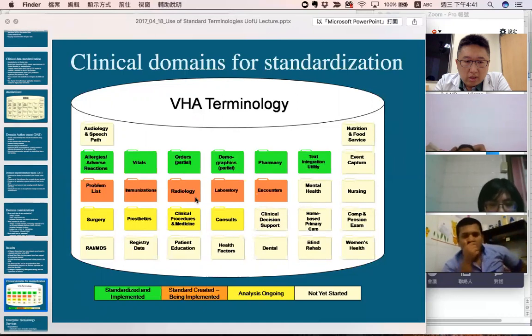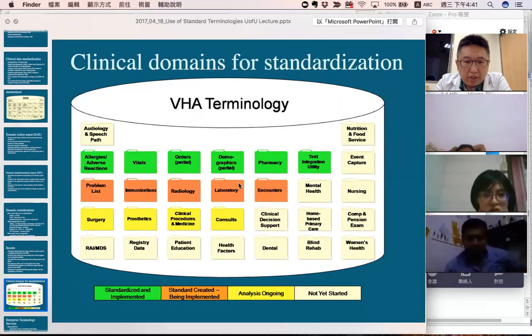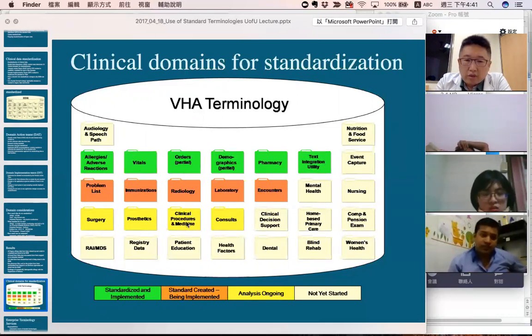But my personal understanding is that the green and orange ones are mostly implemented in most hospitals right now. So I think the clinical procedure is something we need right now.